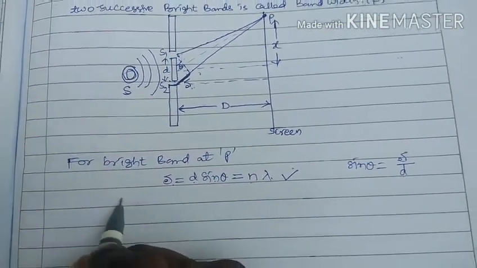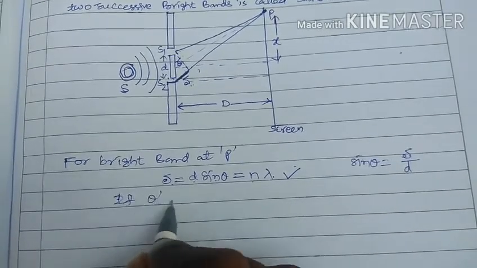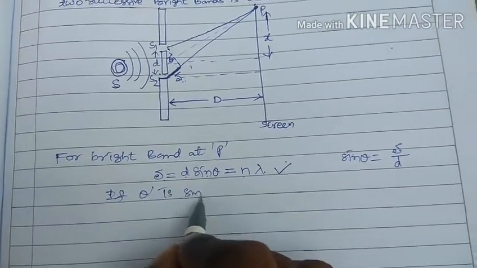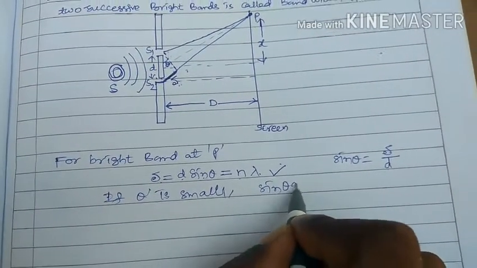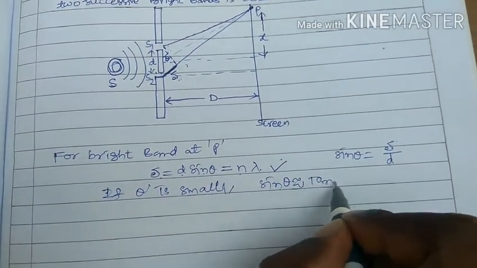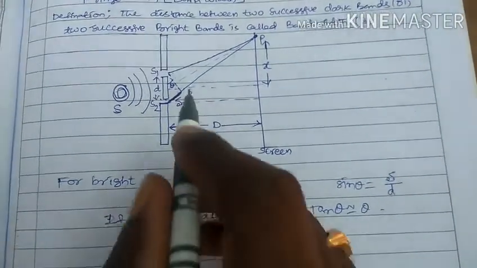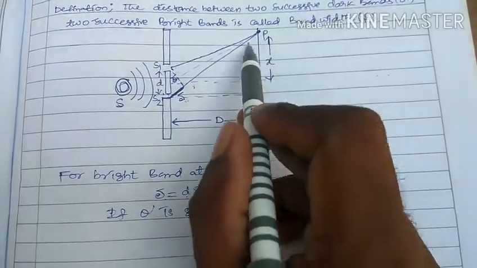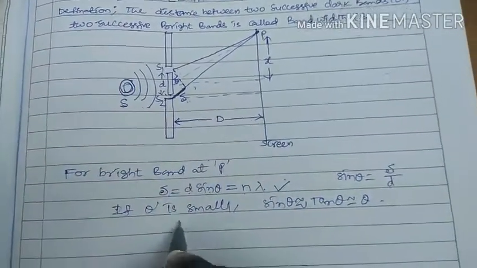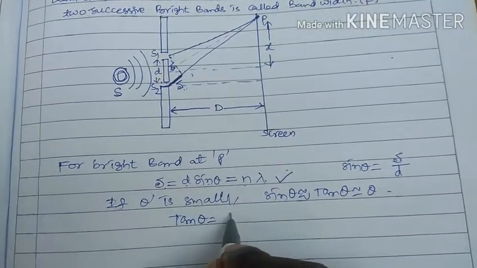If the angle theta is very small, then sin theta is approximately tan theta, which is equal to theta. Let us write the value of tan theta from this right angle triangle. Tan theta is opposite by adjacent.